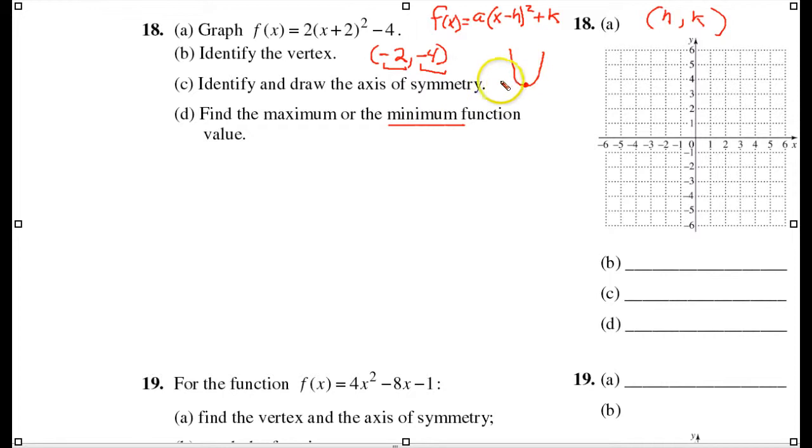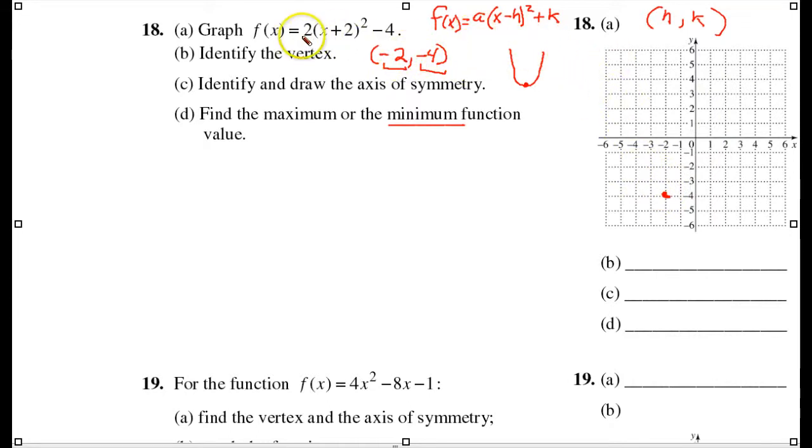Now, they want us to draw the graph, and for this, we already have our vertex, so we can put that right in here. -2, 1, 2, 3, 4. So there's our vertex, and our parabola is going to come up along this way.